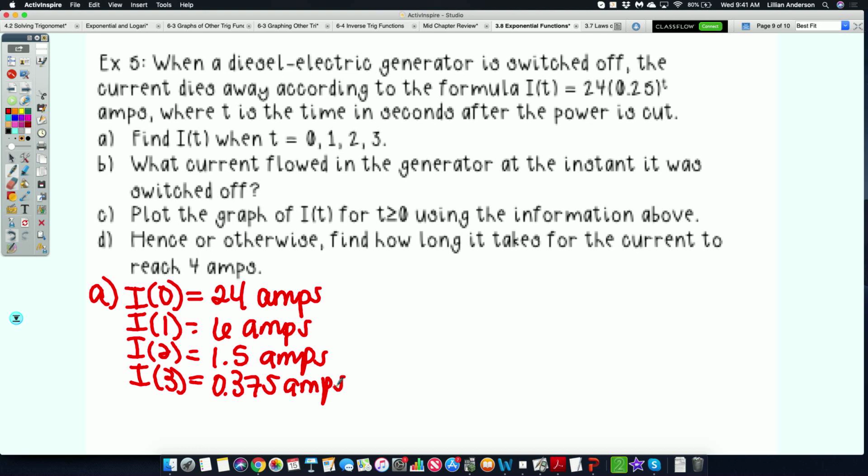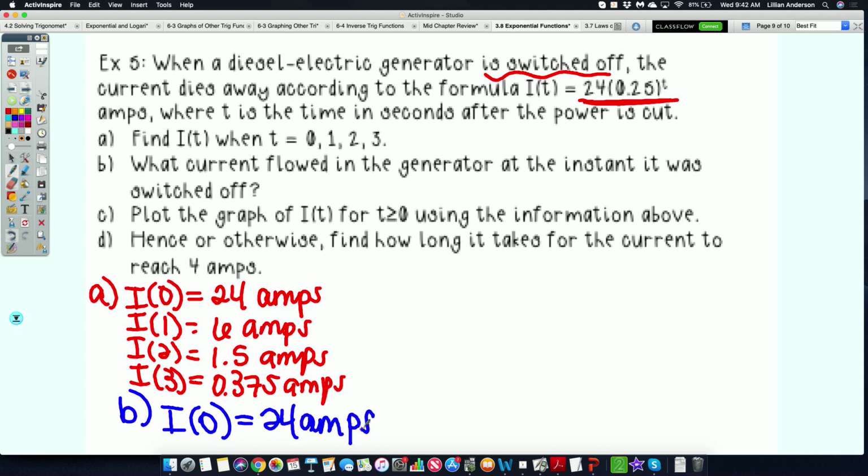So yes, you guys are both right. If you're ever confused, it says when the generator is switched off, the current dies away. So it's basically telling you that when it's switched off, this is what happens with the current after that initial switch. So it's basically I of 0, which is 24 amps.